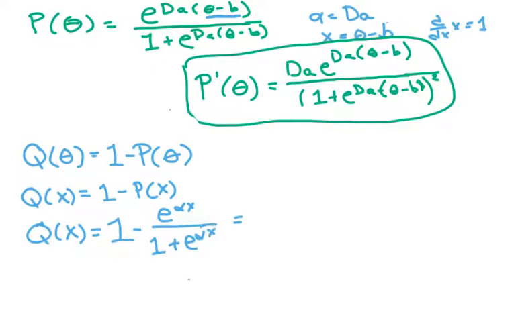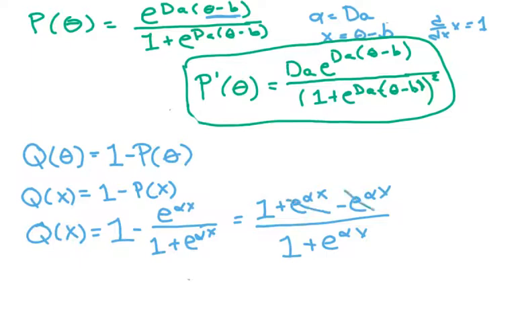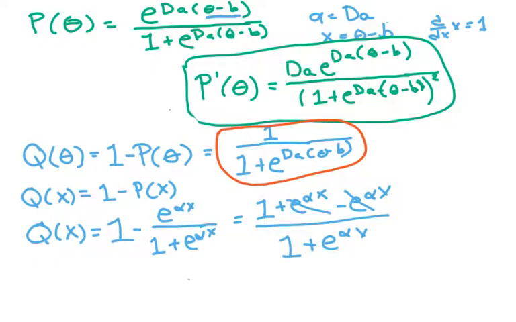You get a common denominator here, so I'd have 1 plus e to the alpha x minus e to the alpha x all over 1 plus e to the alpha x. This goes away. So now I see that Q of theta looks like 1 over 1 plus e to the dA theta minus b. So there's Q. Here's P.